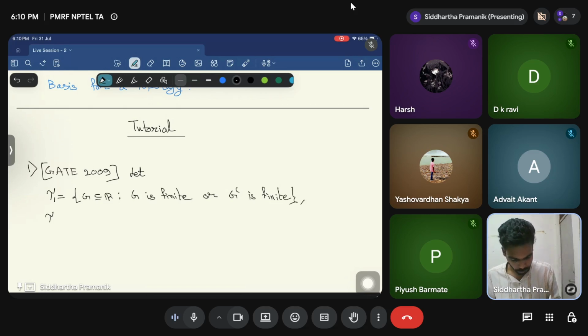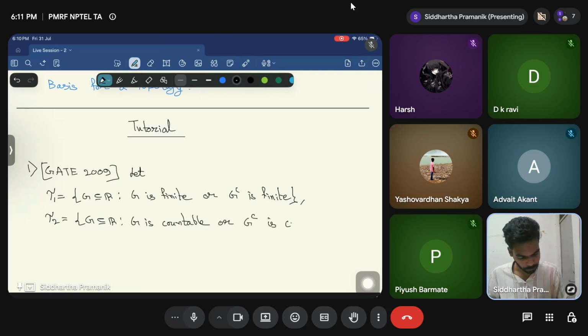And the second one is all those subsets G of R such that either G is countable or G complement is countable. Then basically we have to say which one is a topology and which one is not.